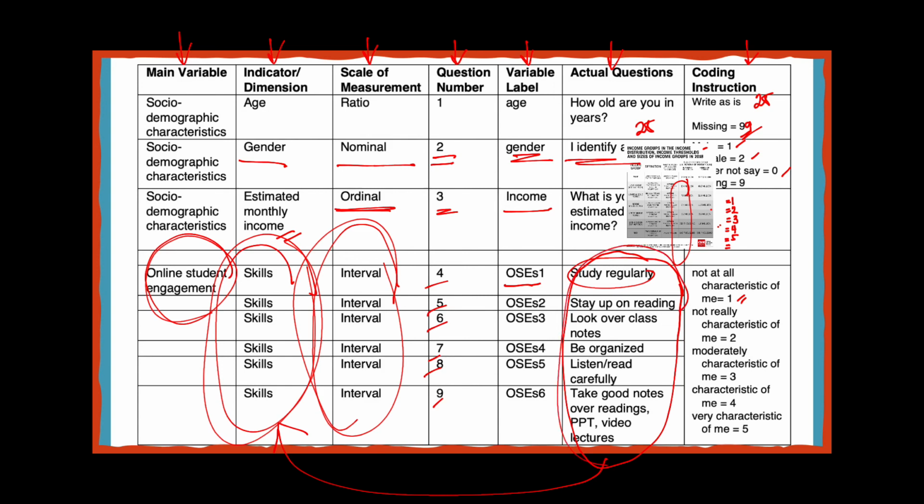I write the actual questions, and since they share the same coding instruction, wherein if they answer not at all characteristic of me, that's 1, not really characteristic, 2, moderately, 3, characteristic of me, 4, very characteristic of me, 5, that is what you will write in the column under the specific variable, the specific indicator or statement column.